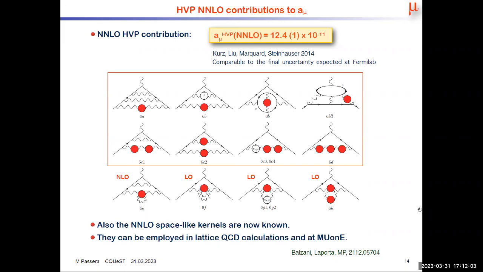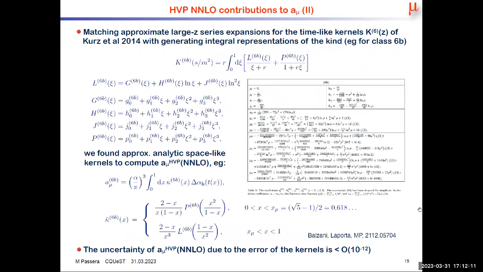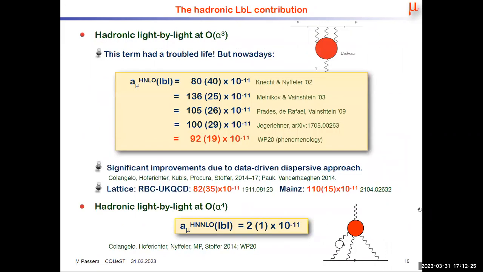So also this one can be computed over the lattice now with these kernels, and in the future, hopefully, by the MUonE experiment. These are the results that we obtained. Of course, at next to leading order the expressions are no longer so simple and neat as a kernel for one line. The K function that you saw before was a simple line. Now, of course, it's getting complicated.